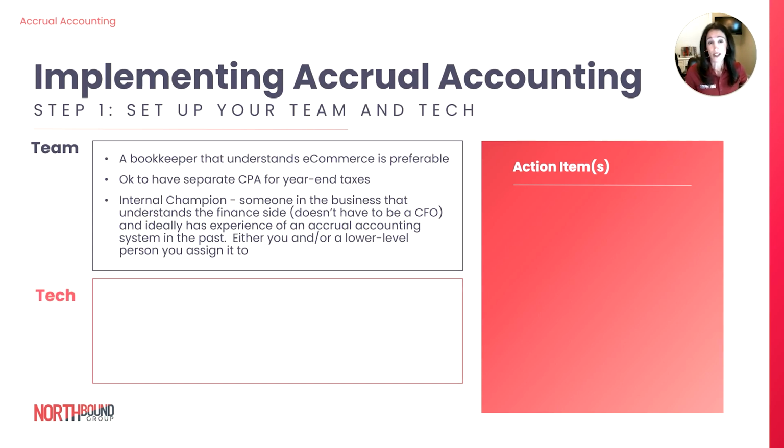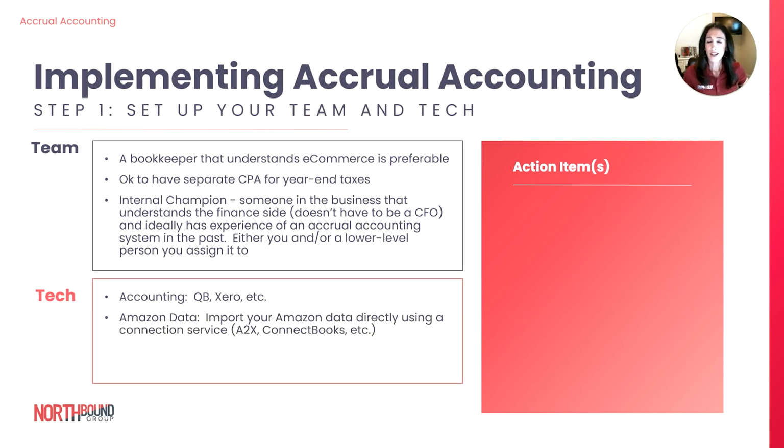Next is the technology. We often see a lot of financials in Excel. You'll find that that's a big no-no. Buyers will actually want something in the QuickBooks or Xero format. So definitely get on some type of accounting platform. The most common ones we're familiar with are QuickBooks and Xero. There's also Sage, other things out there, but have some type of standard platform that the buyers can then log into to review your transactions.